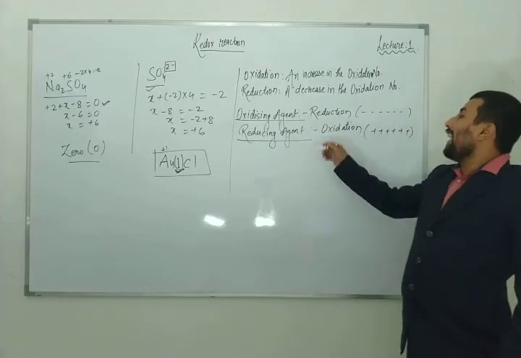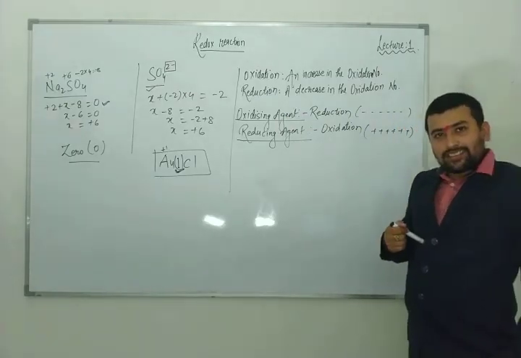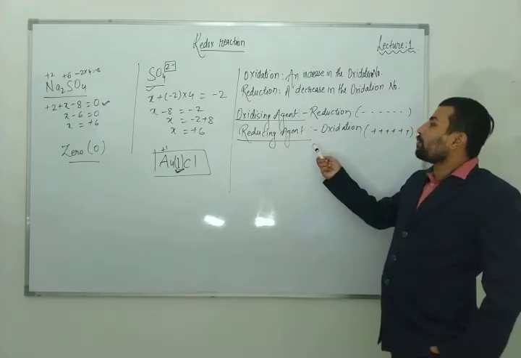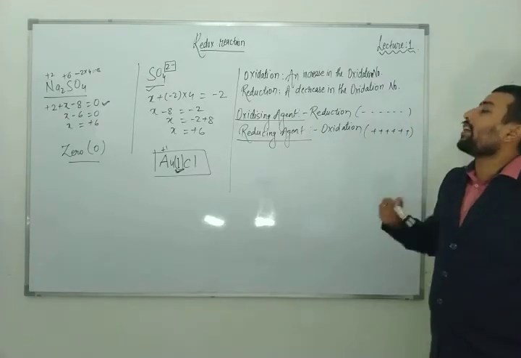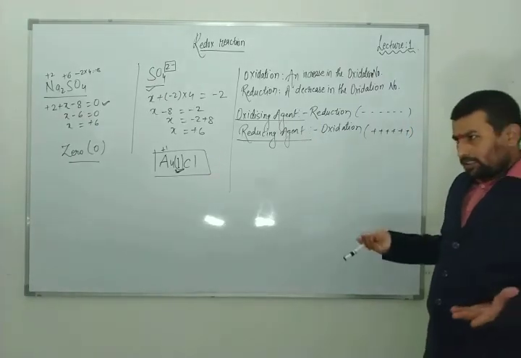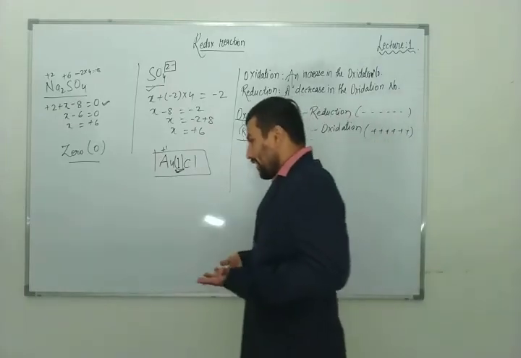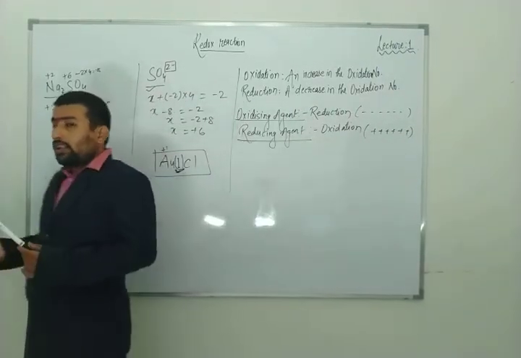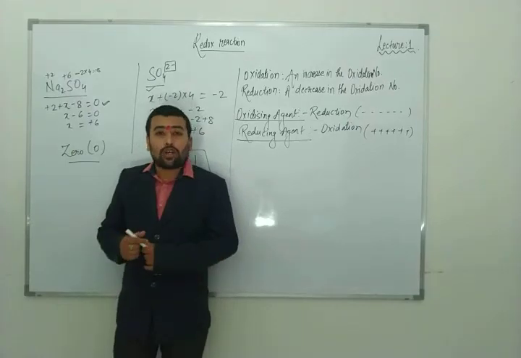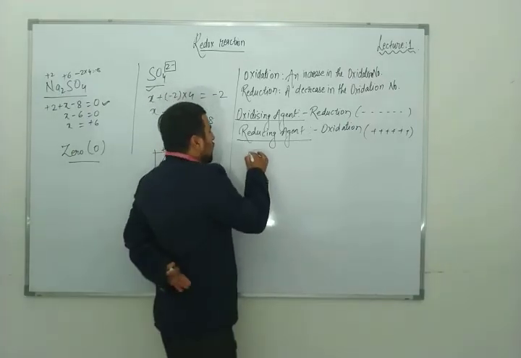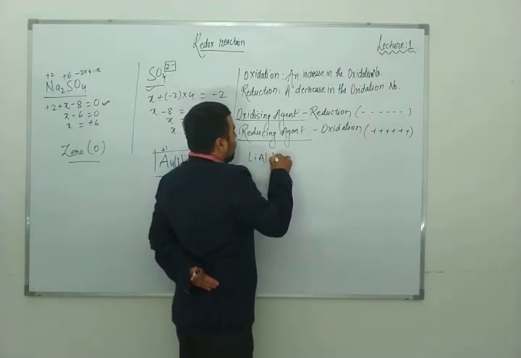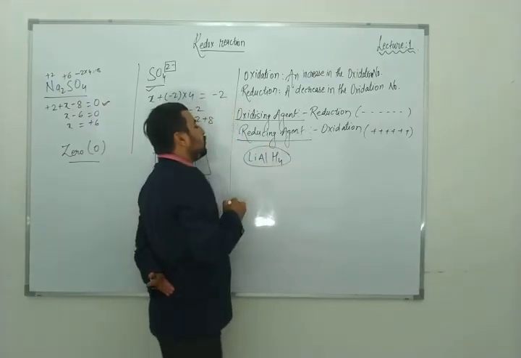And when it increases the oxidation number in a given substance or in a complex, that is the reducing agent. Any substance which does this work, for example lithium aluminum hydride, is called a reducing agent.